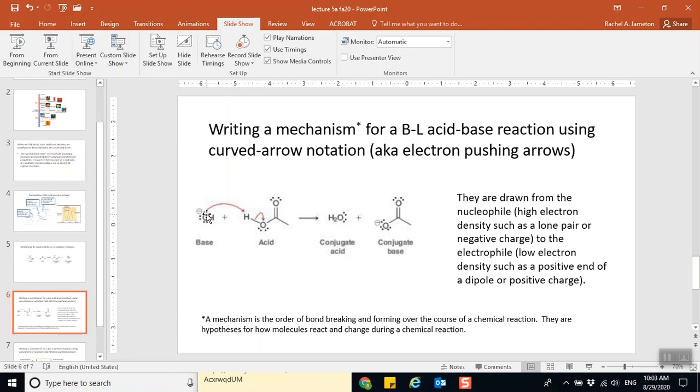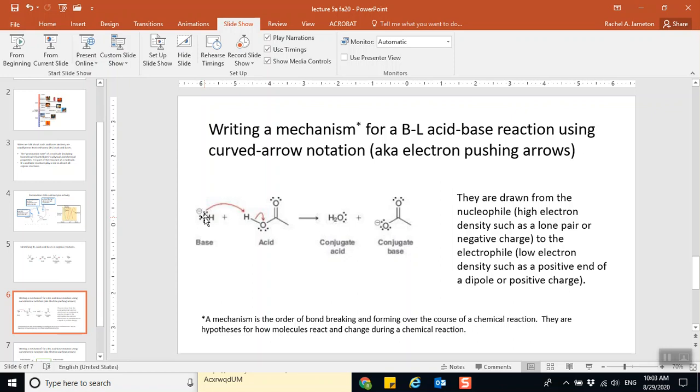So we have our electrons here, and they are forming a bond. That's what this red arrow means. They're forming a bond with this proton. And at the same time, the electrons in the oxygen-hydrogen bond stay with the oxygen. And so that gives oxygen 3 lone pairs and 1 bond. So in the product, it's negatively charged.